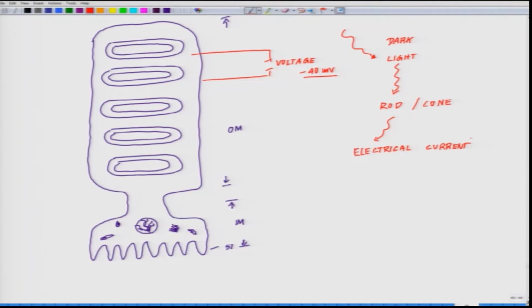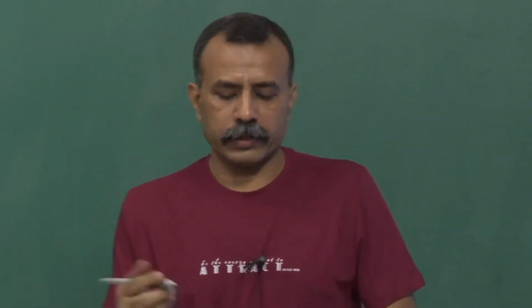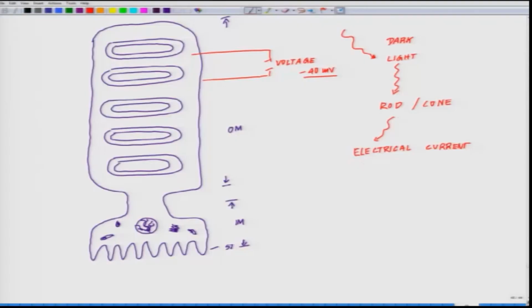So, in order to understand these cells, you have to do electrical measurements, of electrical current or electrical impulse, and these electrical impulses should be carried to the next layer, which is the bipolar, horizontal, and so on and so forth.